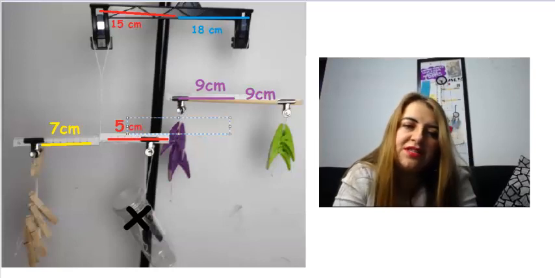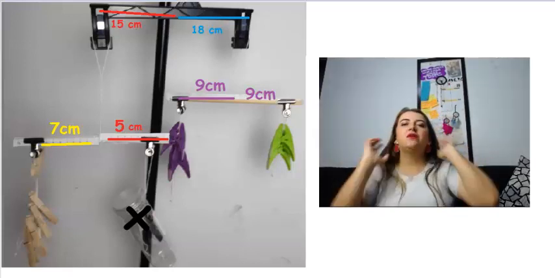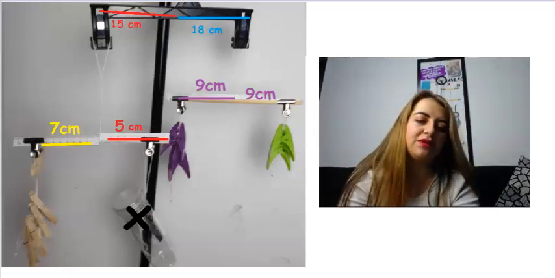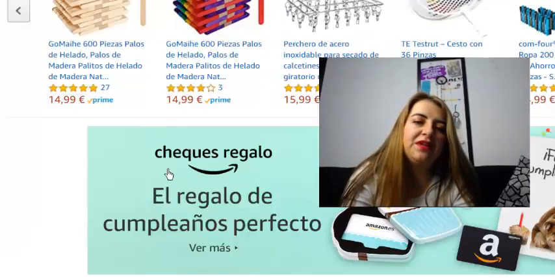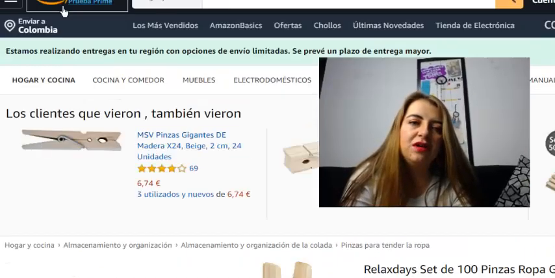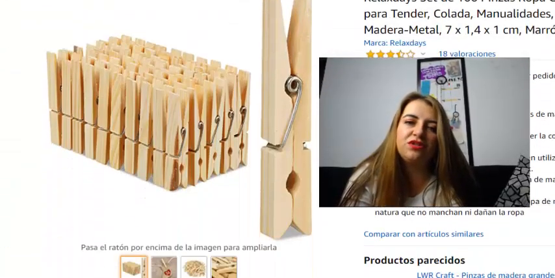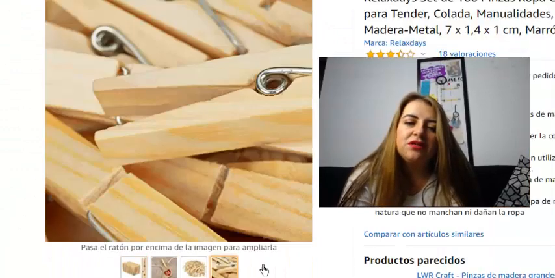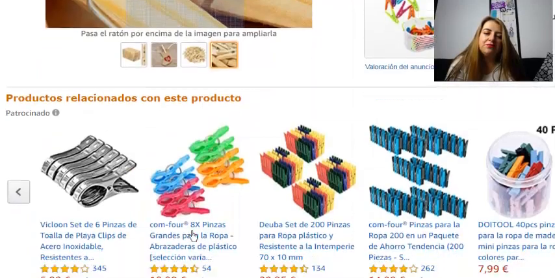Now the second step that we need to do is to know the weight of our products. If we don't know the weight, we can have one of those products, or we can go and look online. In my case, I always like to use Amazon, because Amazon has all of the descriptions for all of the products. On my left side I have these clips.